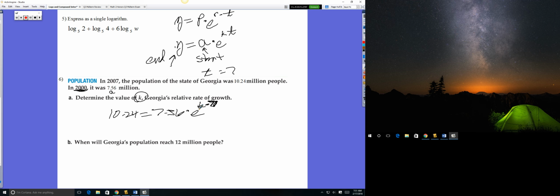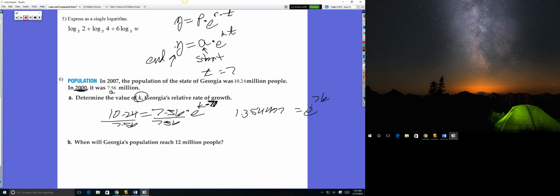Okay, now let's solve for K. I gotta ditch all this. I gotta ditch the 7, ditch the e. I'm going to ditch the 7.56 first. So instead of times 7.56, I'm going to divide 7.56. So 10.24 divided by 7.56. Okay, I got this: 1.35447 is equal to e to the 7K.